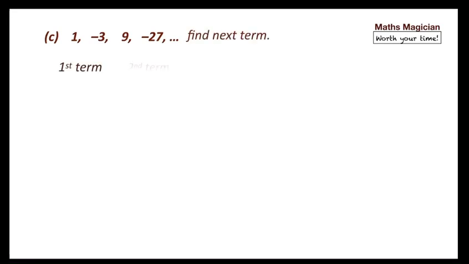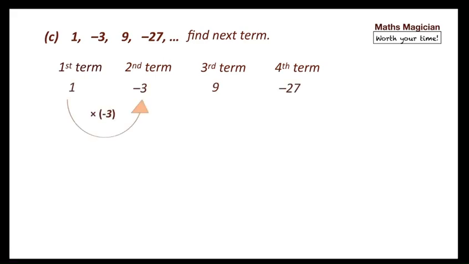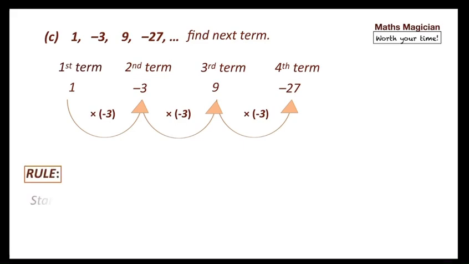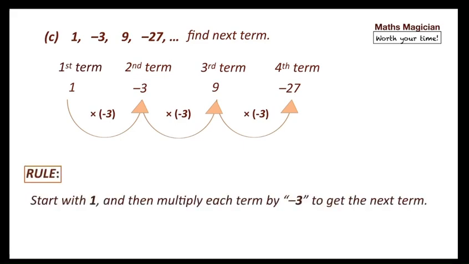Third number sequence: for the given sequence, find the next term. We write the sequence again with its term numbers. When you multiply first term by -3, you get second term. Similarly, when you multiply second term by -3, you get third term, and so on. So for the given sequence, we can state the rule: start with 1 and then multiply each term by -3 to get the next term.